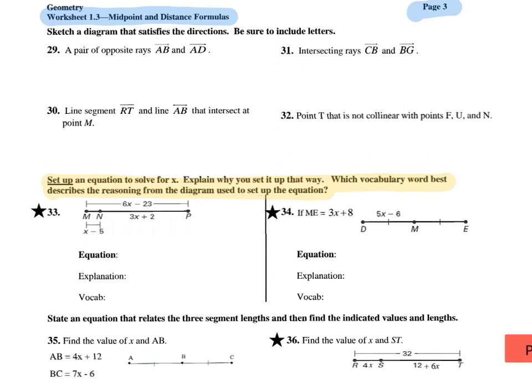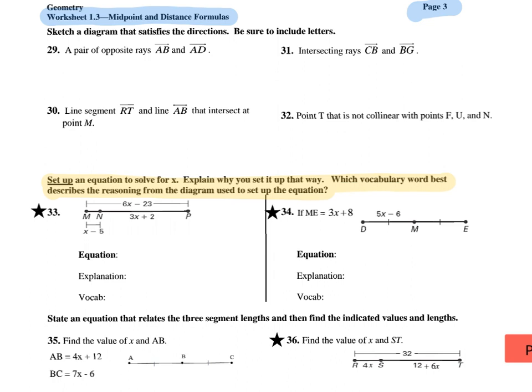So here's our picture right here. Notice that we have two parts. We have this part on the right, and we have this part on the left, and then they give us this value that goes all the way across. We have a left and a right.